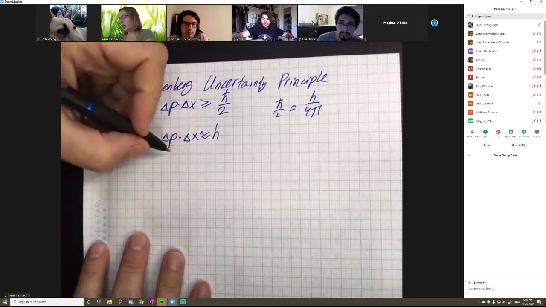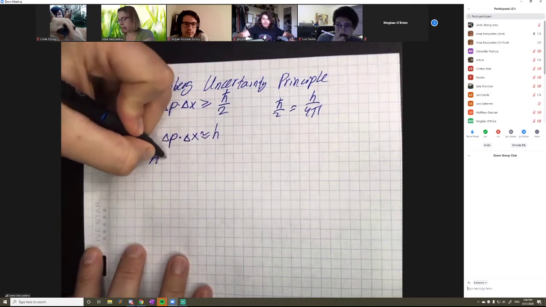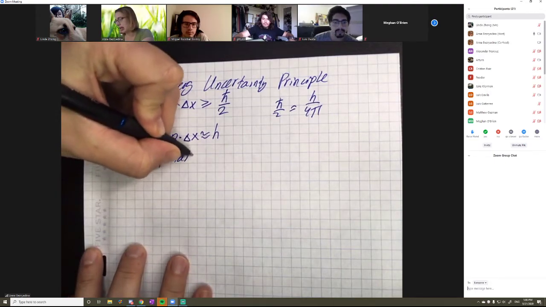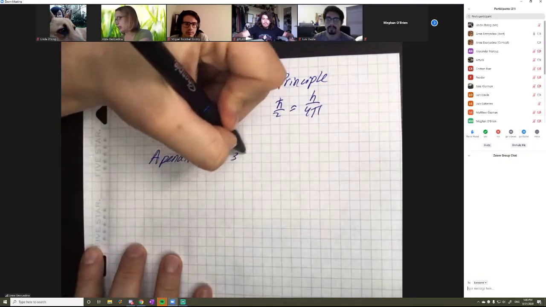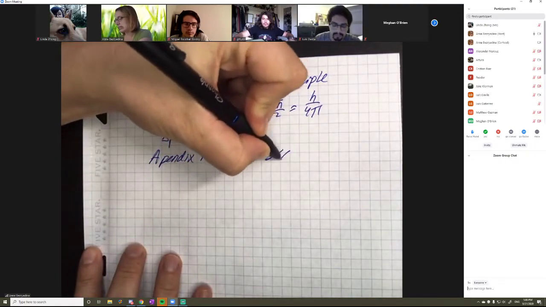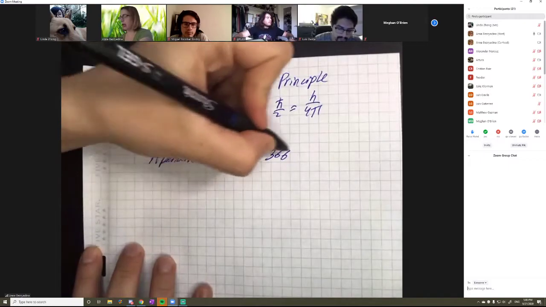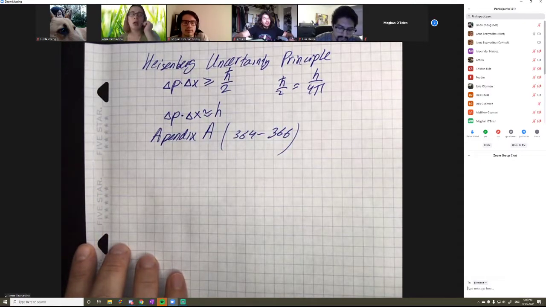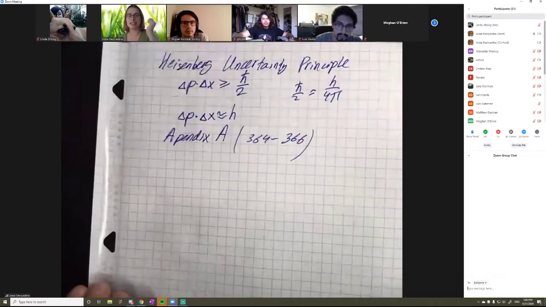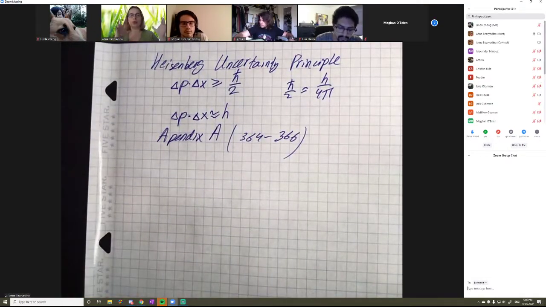In the book, they talk about it in appendix A. You can look at it in appendix A, pages 364 to 366. In general, what it's explaining is that when we're talking about position, we try to divide the space into sub-areas where a particle could be located.